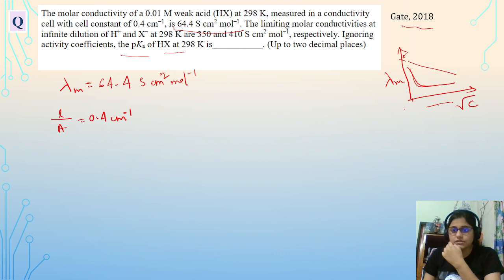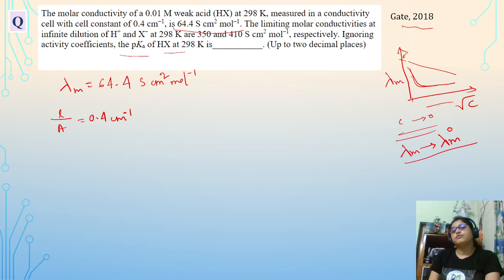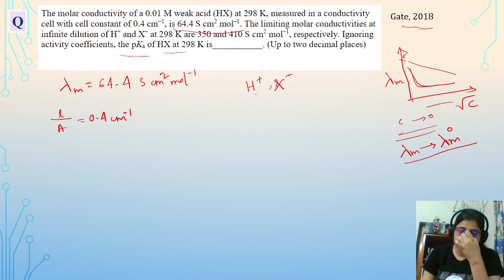When the concentration tends to 0, the lambda m value is called the limiting molar conductivity. So we can find that in the case of a strong electrolyte. Here the limiting molar conductivities of H plus and X minus are given.